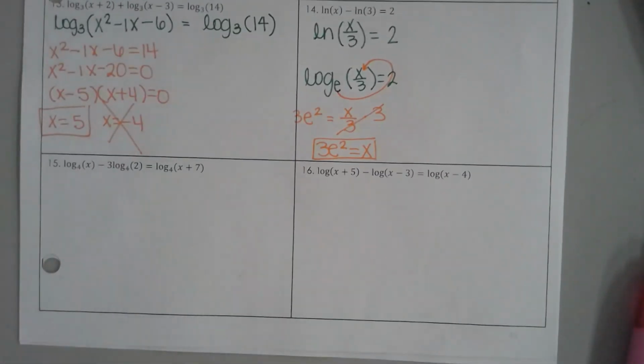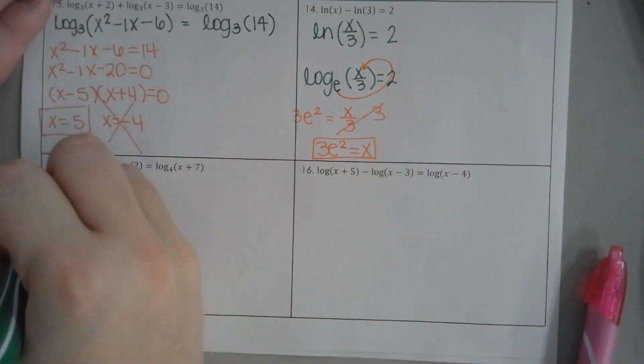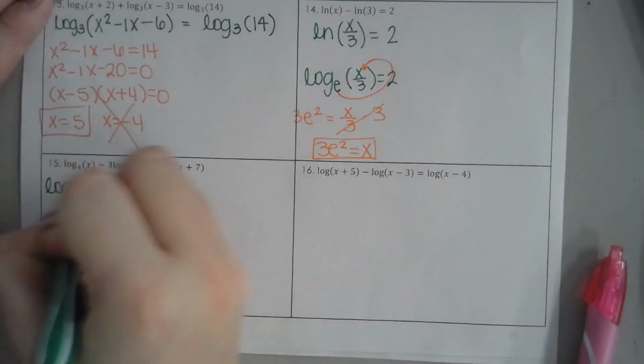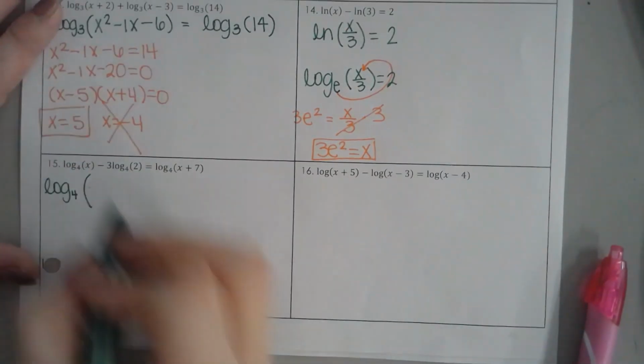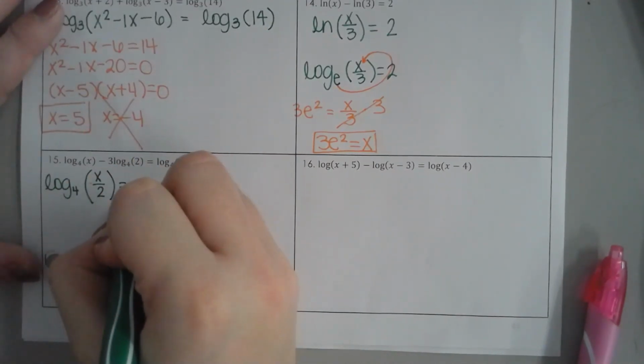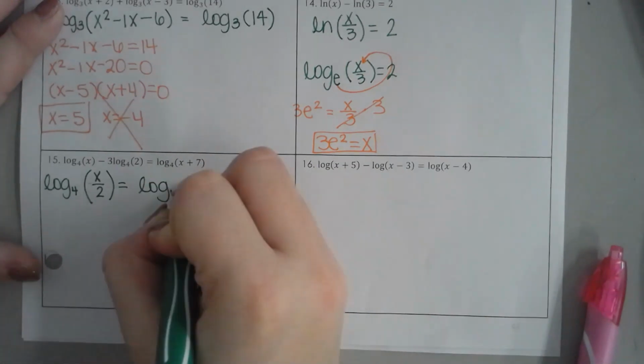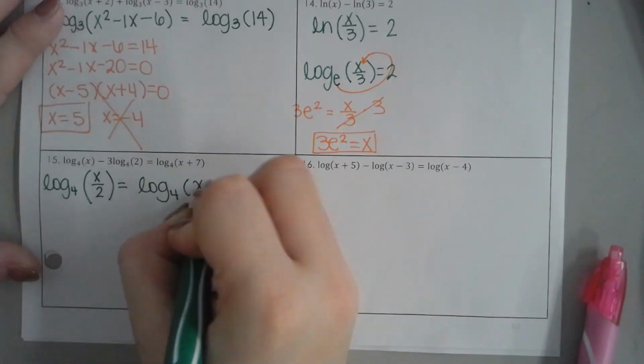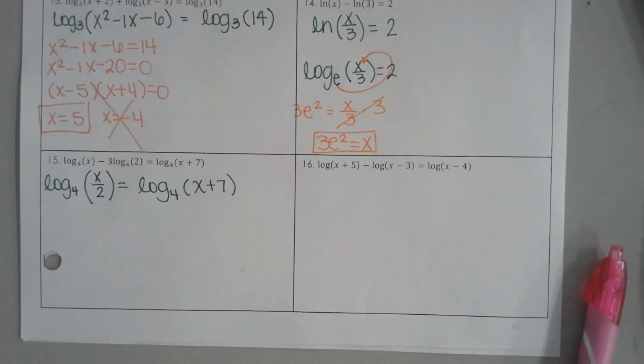All right, 15. It's going to be a log equals a log. So when I condense, I'm going to have log base 4 of x over 2 equals this quadratic.